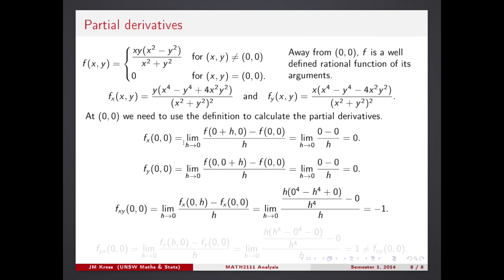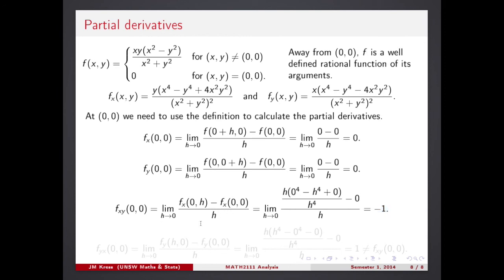We take fx, increment the second variable, even though this time Jonathan Kress didn't put here 0 plus h, but effectively it's 0 plus h. You increment the second argument and divide by the amount of the increment. If you use the formula for fx, which is here, he did so. That's the evaluation, and he ended up with -1.